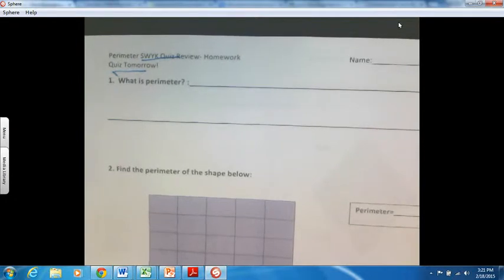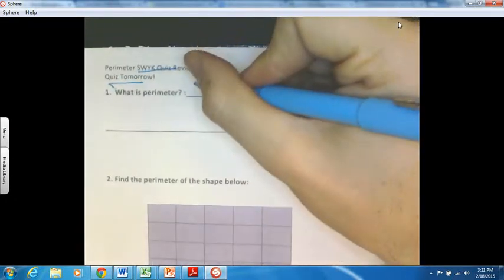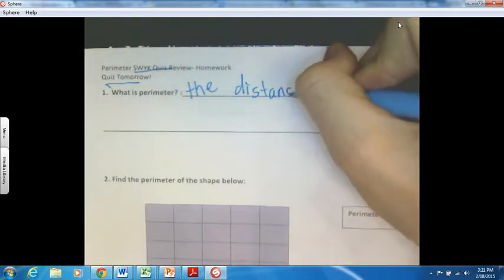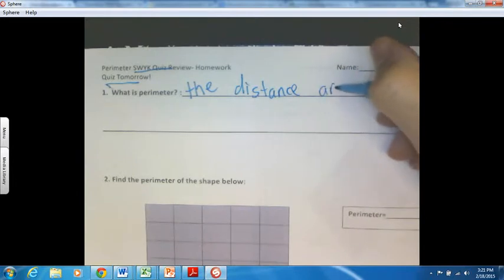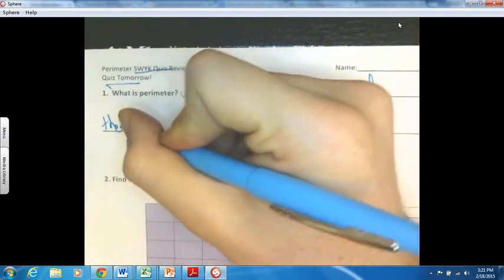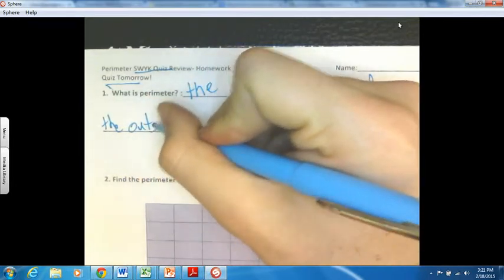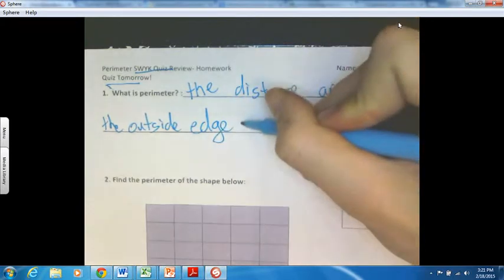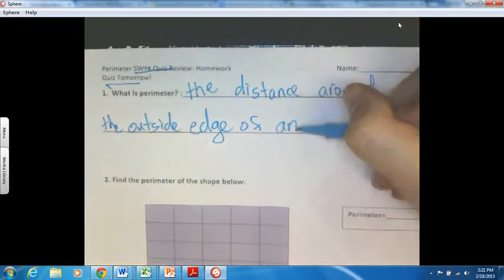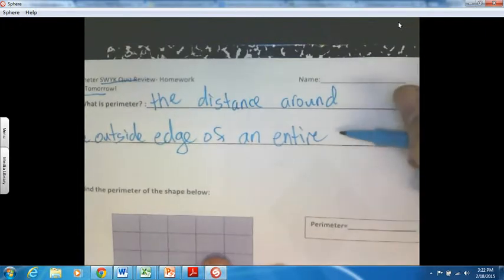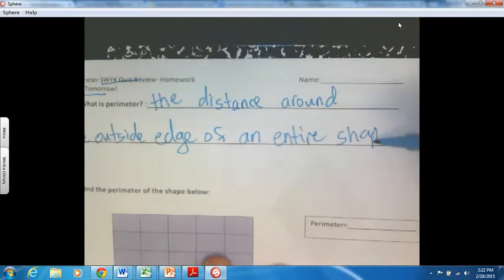What is perimeter? We know perimeter is the distance around the outside edge of an entire shape.